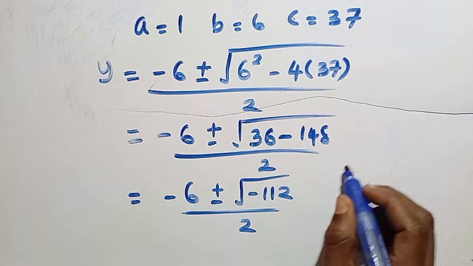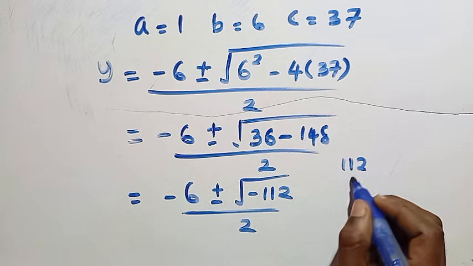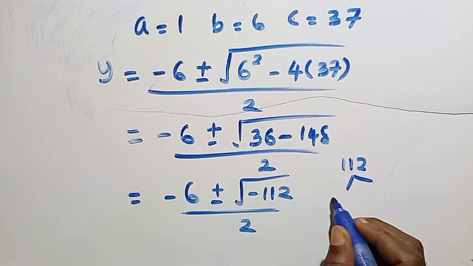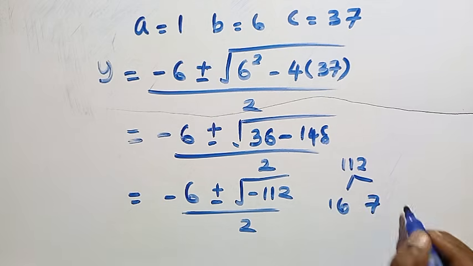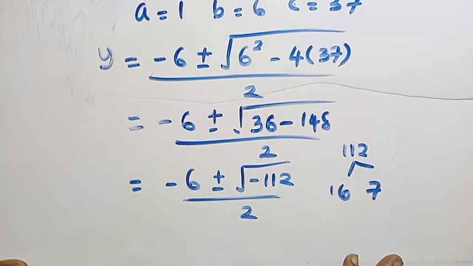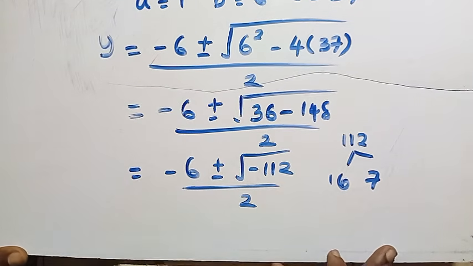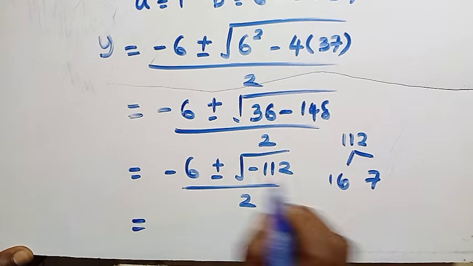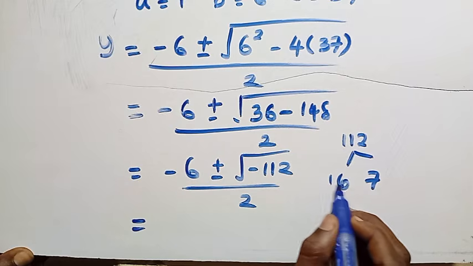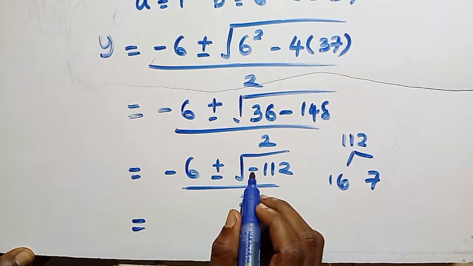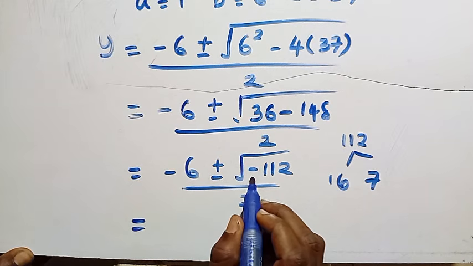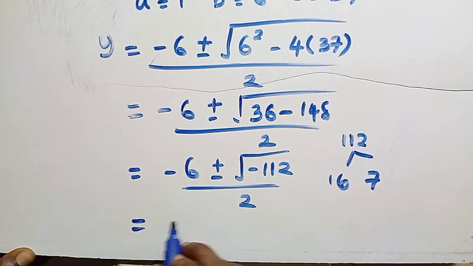With this, we have 112 here. It's just like the product of 16 and 7. If you take the square root of this, we have negative 1 in the root. The square root of minus 1 is i.